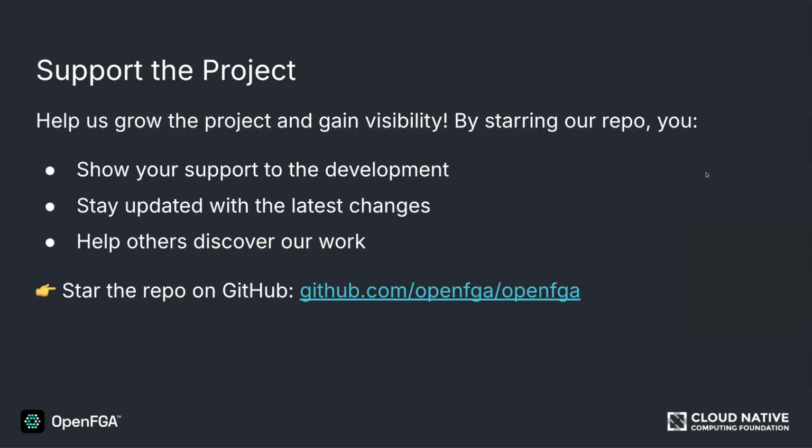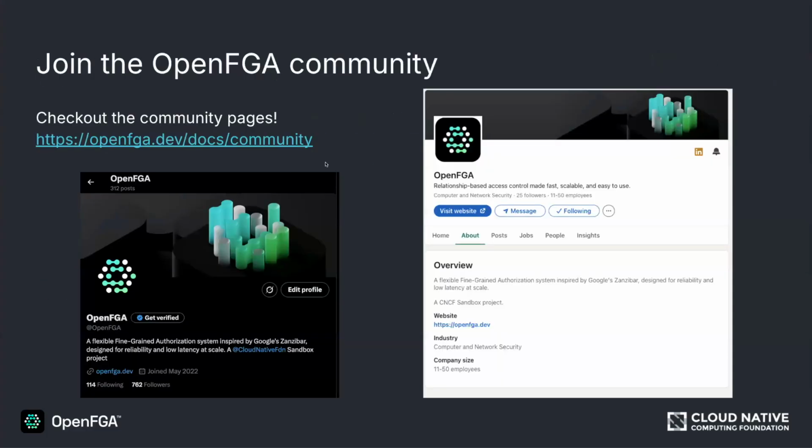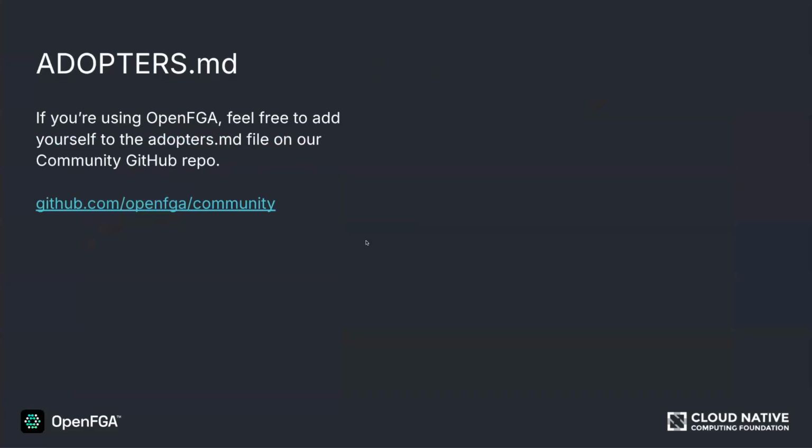And that's it. Okay, so this is the usual ask for support. Please star the repo if you haven't. Please ask your coworkers to star the repo if you haven't. And the last thing is we do have several community sites and pages, so help us there. We do have an adopters.md file where we list all the companies that have been adopting OpenFGA.